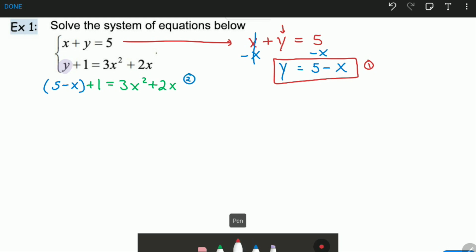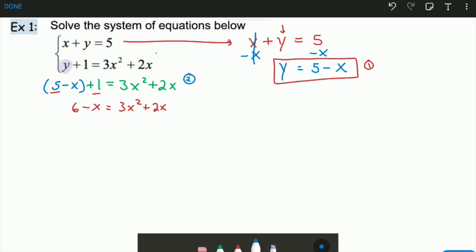Step 3 is to solve the equation. So I'm going to combine like terms first. So 5 plus 1 is 6. So we have 6 minus x equals 3x squared plus 2x. Next thing, we need to get everything to one side because we are solving a quadratic.